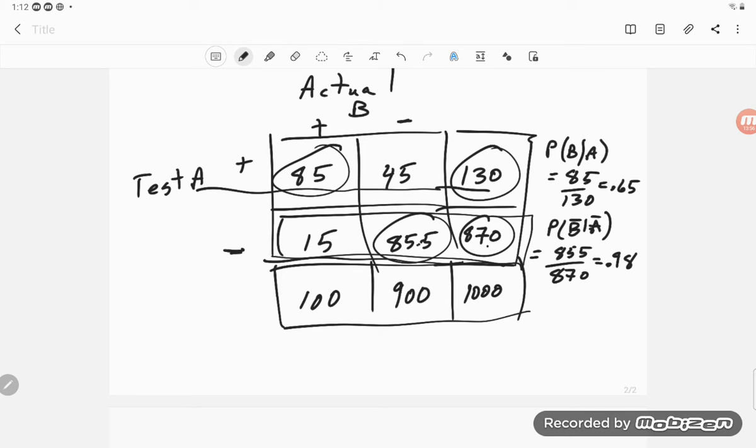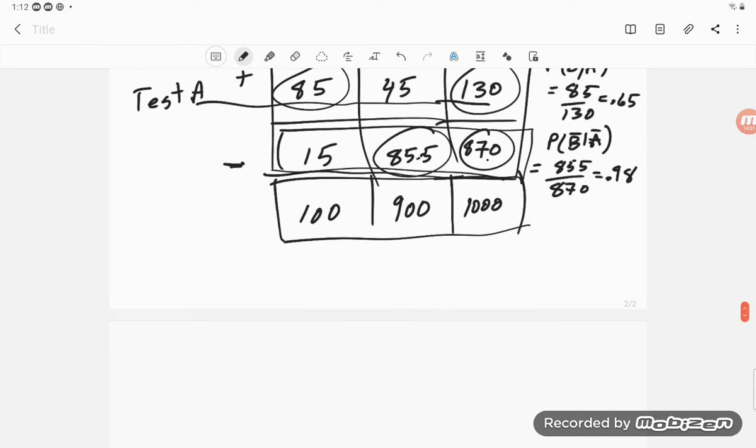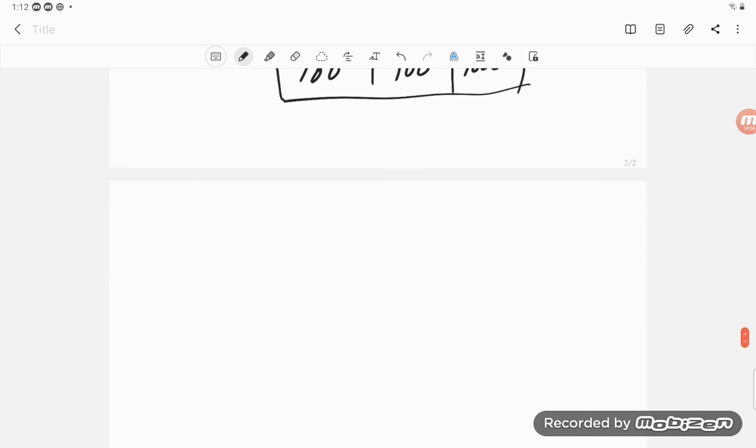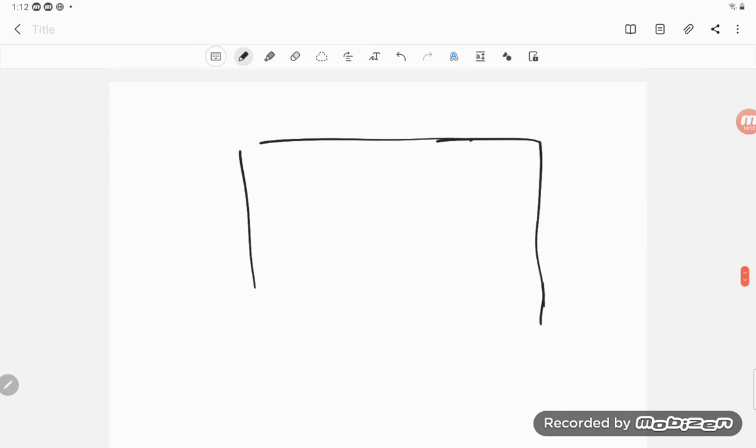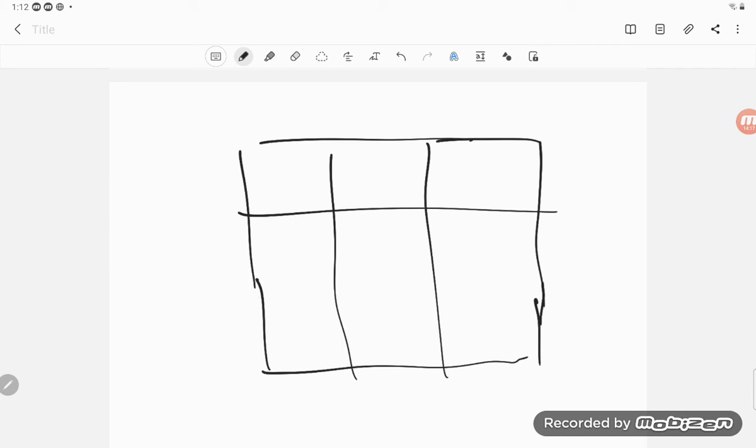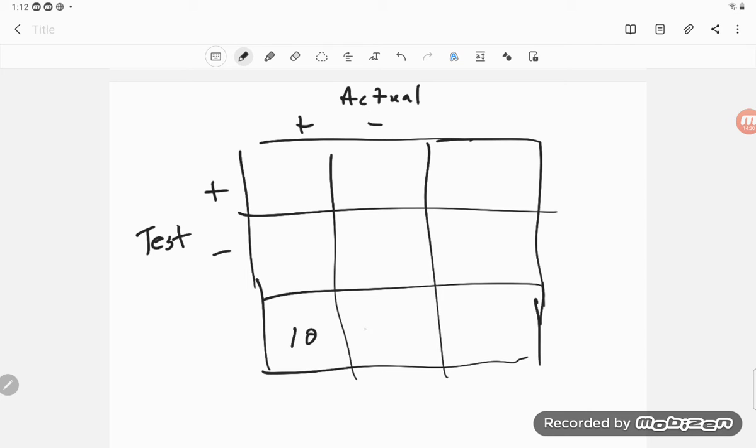Now, to switch this up a little bit, let's say instead of 10%, it was just 1%. And so now I'm going to make this same thing. Okay, there's my 3x3. So here's actual, positive, negative. Here's the test, positive, negative. But now I'm just going to have 10 out of that 1,000.